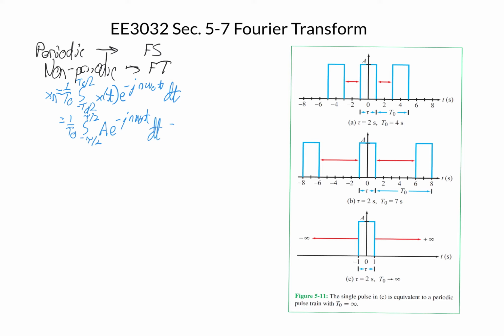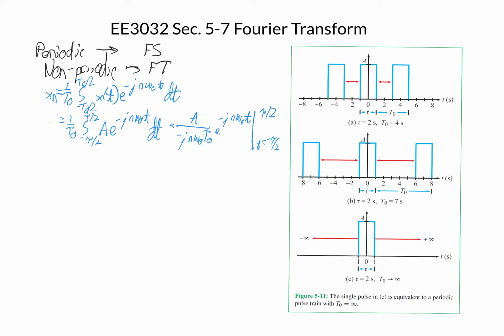And now we are integrating an exponential, so we have to divide by minus j n omega naught T naught, because that is the coefficient of the variable we're integrating with respect to. And we still have e to the minus j, frequency is n omega naught, time is t, and we evaluate that from t runs from minus tau over 2 to tau over 2.